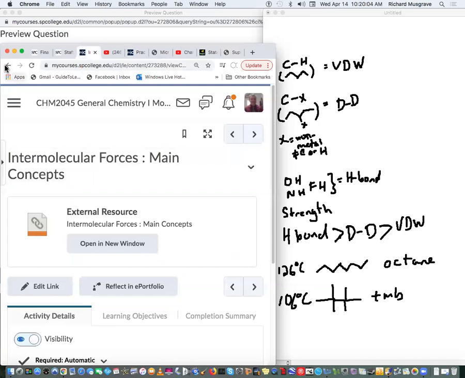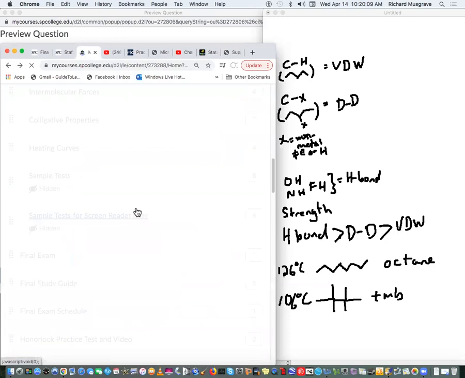So let me pull up a periodic table here so you can see what I'm talking about, just in case you had forgotten.